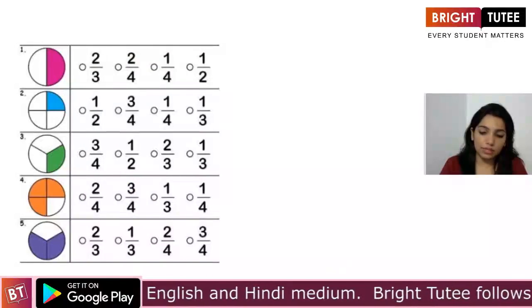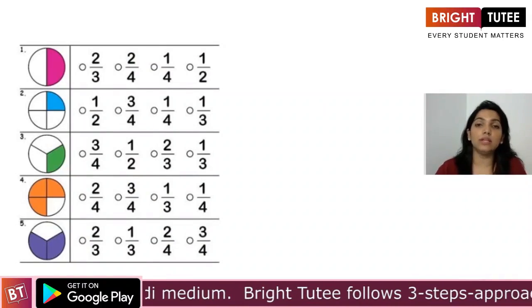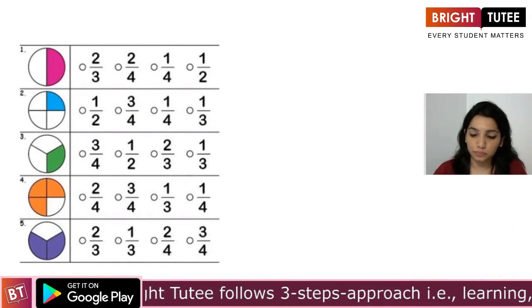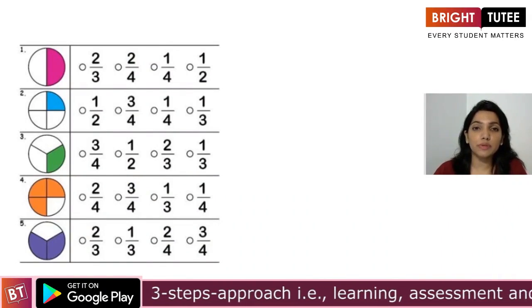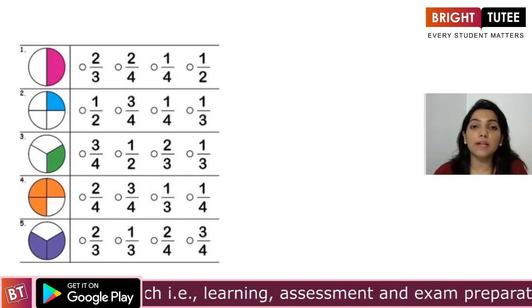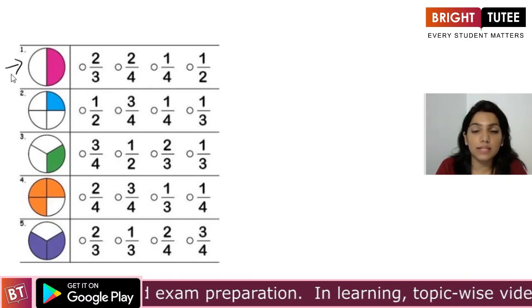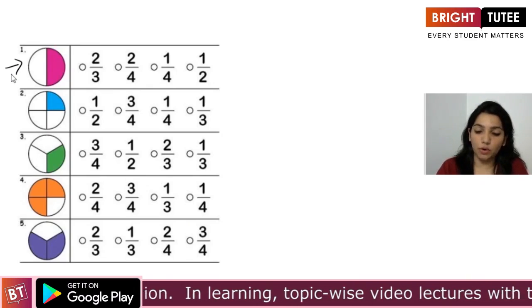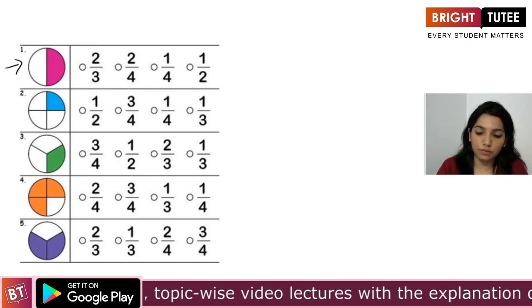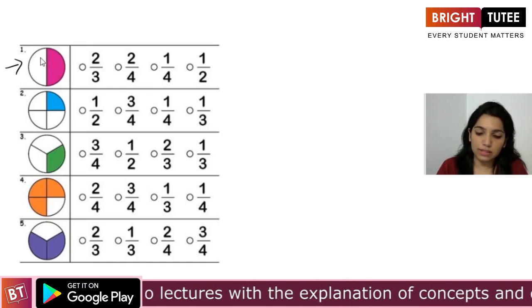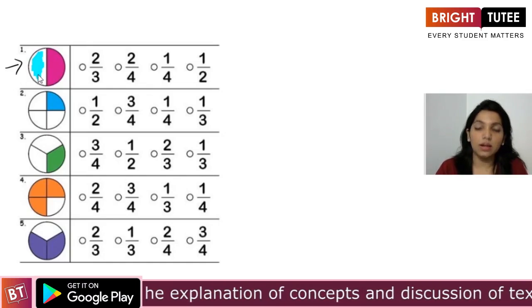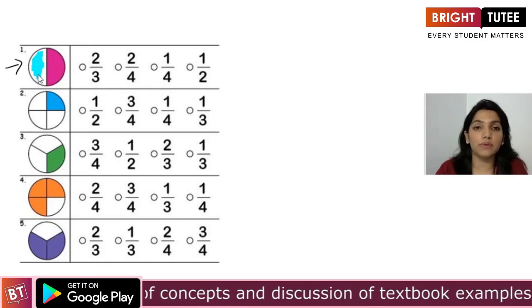Let us now see how we can read some of the fractions. Right? So in the first image, how many parts do you see? I hope clearly what you see in front of you is 2 parts. That is this one and the pink one, right?